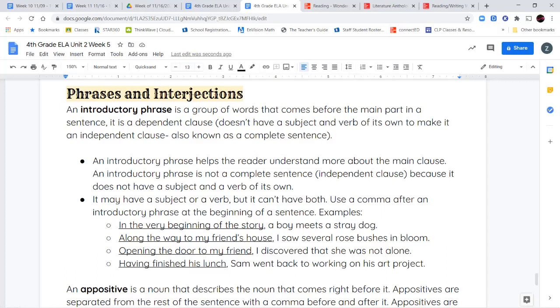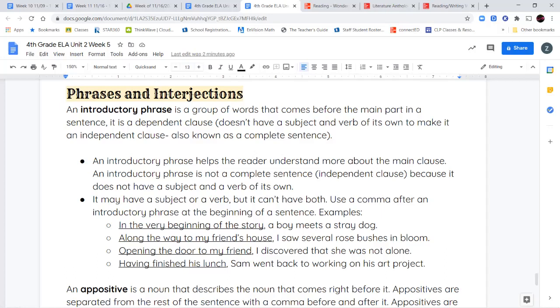Now, I can take out that introductory phrase altogether, and the main clause is a complete thought. If I just said a boy meets a stray dog, that's a complete sentence. But that introductory phrase gives me extra information. So in the very beginning of the story, comma, a boy meets a stray dog.